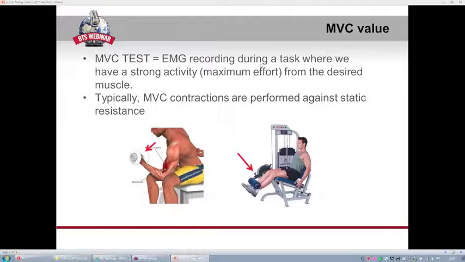During the maximum voluntary contraction, the amplitude of the related EMG activity is measured, for example, we consider the rectified and smoothed EMG, and you should now know how to compute that. This activity is then used as a target for the other voluntary contractions of the same muscle.